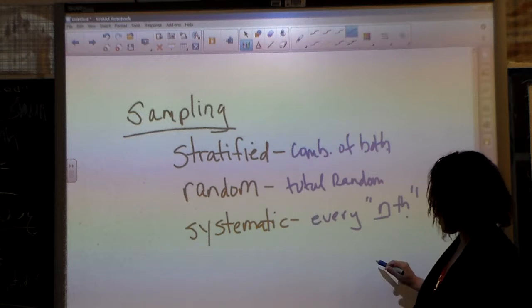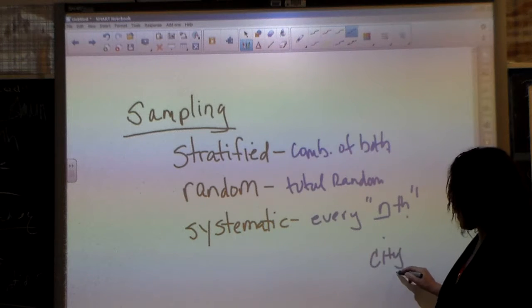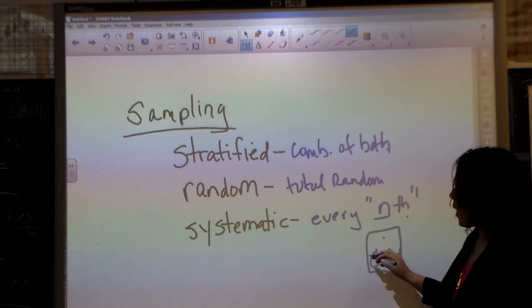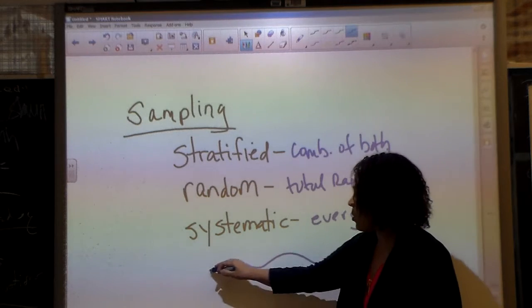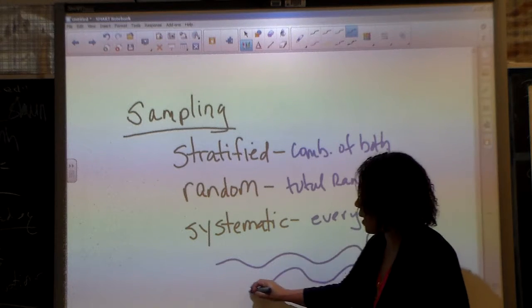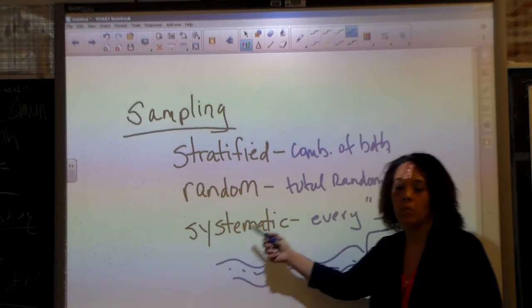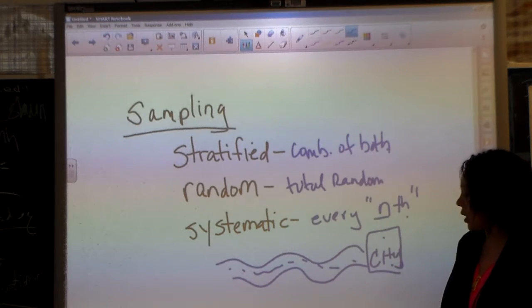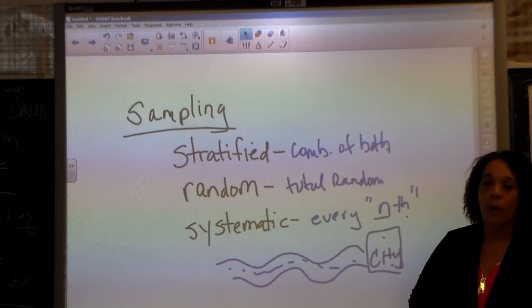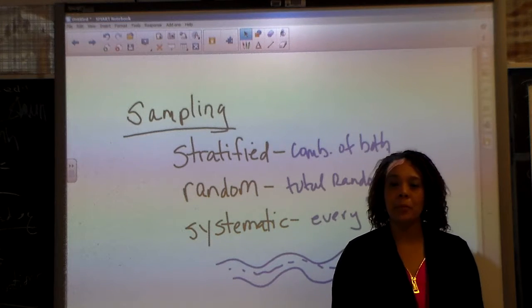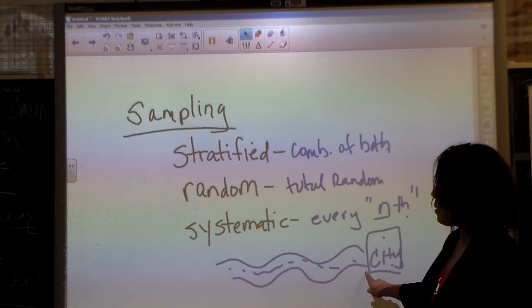So if you live in the city, so here's the city, you don't have to write this down, and here's people driving to work or getting to work somehow from their homes. So we want to know how long is the commute on average for people to get to work in the city. But what I do is I go and I sample people who get off the bus.